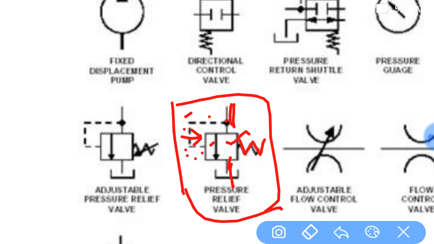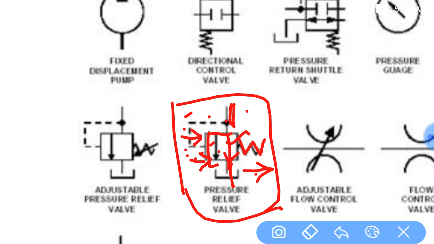So when the relief valve setting is exceeded, relief valve setting means the setting of this spring, when this force is more than the force created by this spring, this force due to the oil will push this piston in this direction, and this gallery will come here, and it will get connected from this upstream side to the downstream side, and finally the flow will happen.